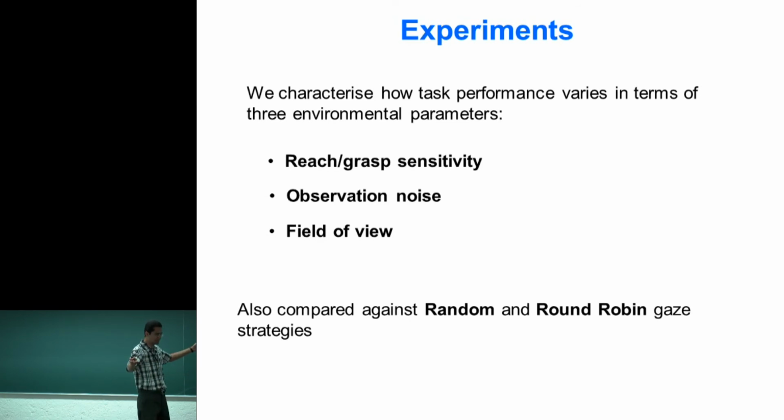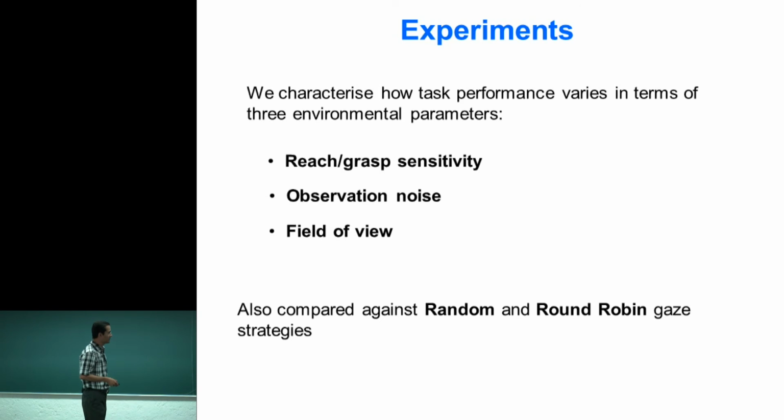If we increase the field of view, we see more things. If we decrease it, we see less, and the robot needs to move the camera on the table. And the observation noise means that if we see an object, we don't reduce all the uncertainty, just a little bit, so we can control all these things.